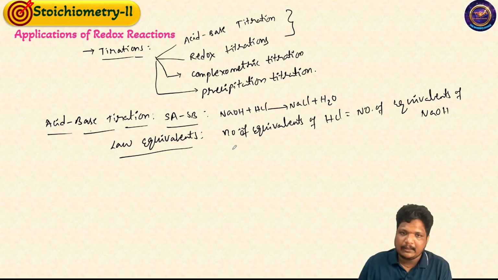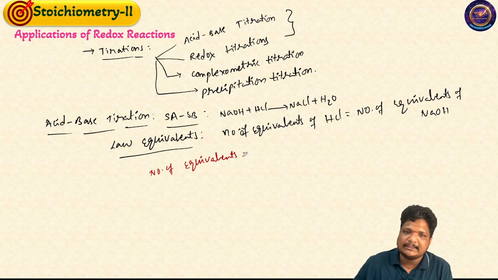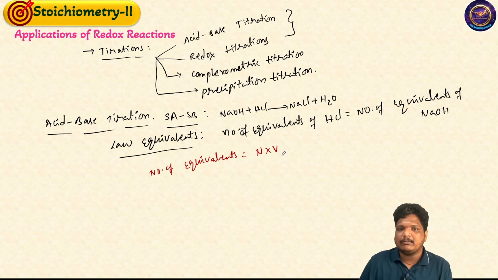So what is the number of equivalents? The number of equivalents is equal to normality into volume in liters. If you take volume in milliliters, it will be milliequivalents. If you take volume in liters, it is equivalents.